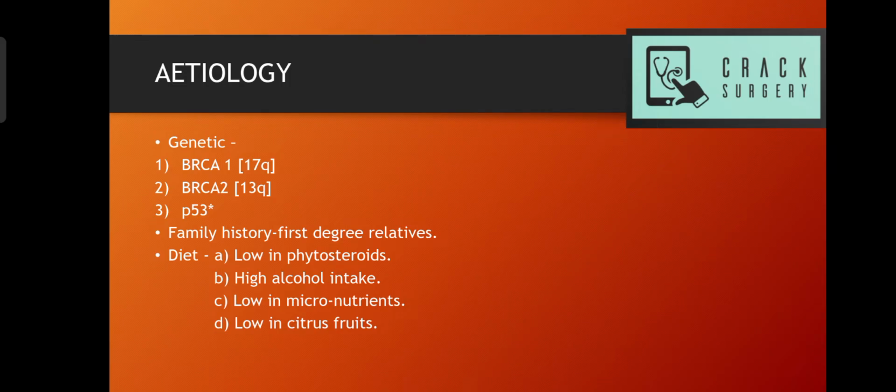Second is BRCA2, which is present on chromosome 13. In male breast CA, BRCA2 is more common, and it is also associated with luminal A and B type carcinoma.